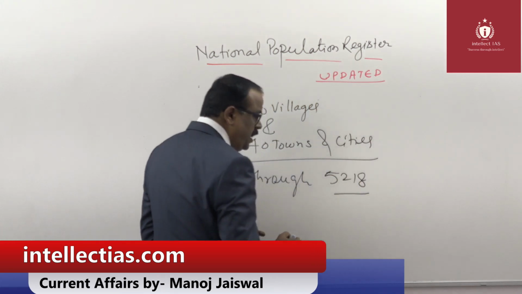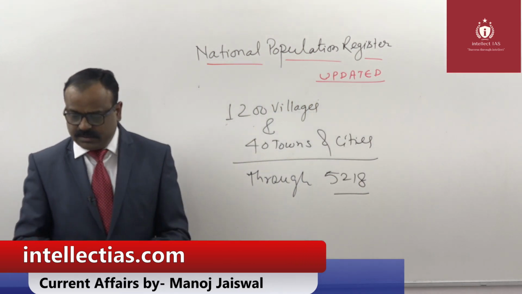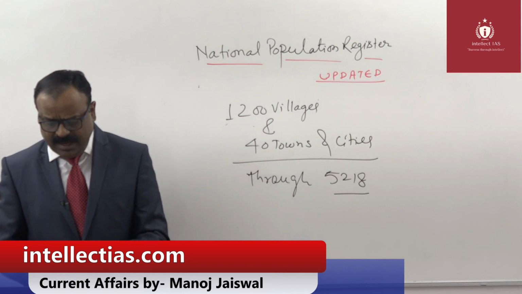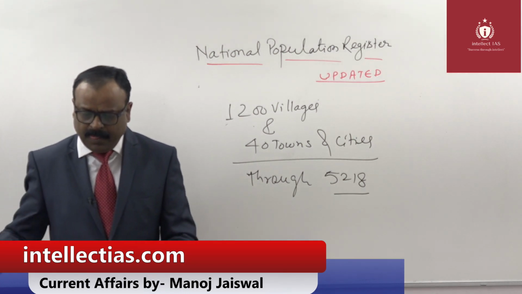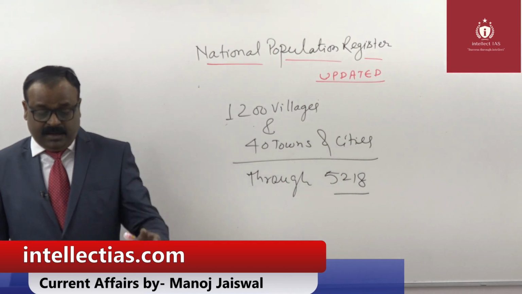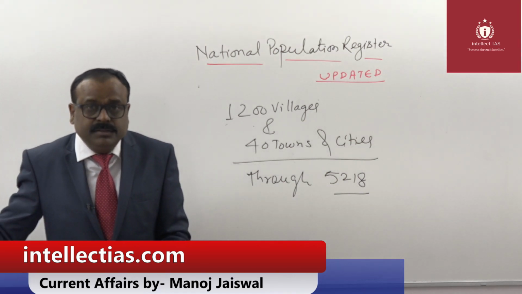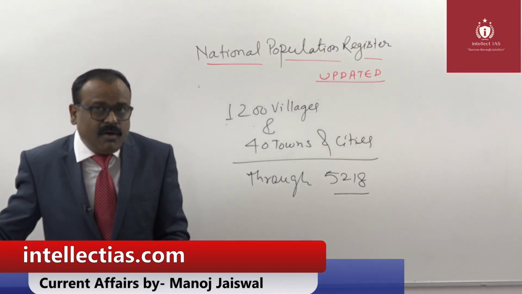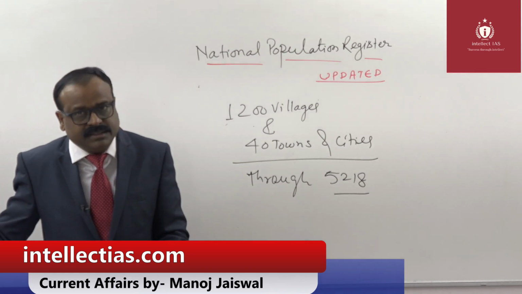And this is being done through 5,218 enumerating blocks. Enumerate karna, you know that, to calculate, गणना करने वाला. One more very important thing is that this NPR will not be applied in Assam.